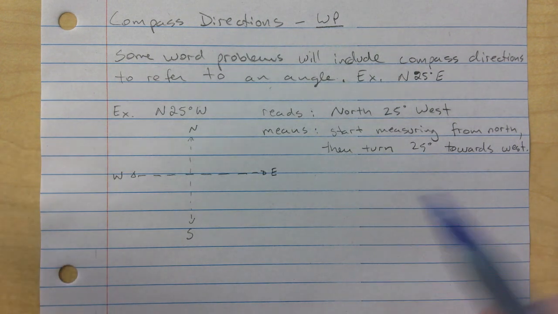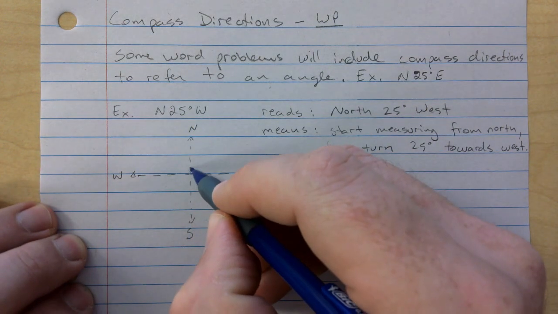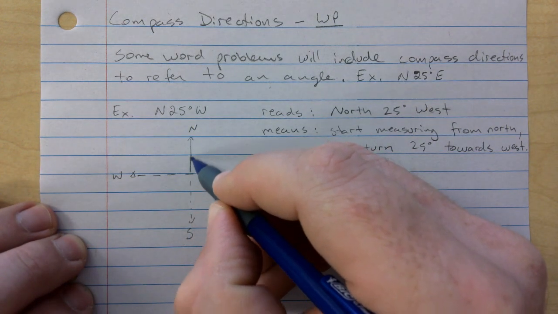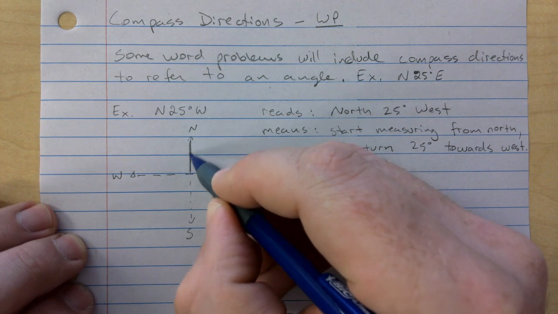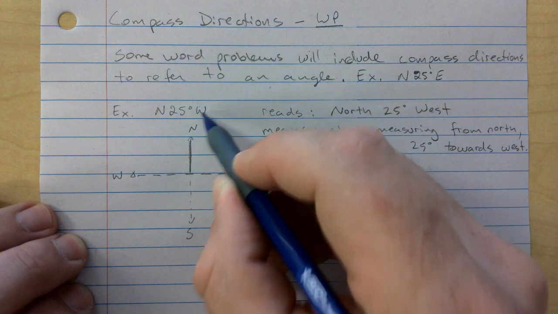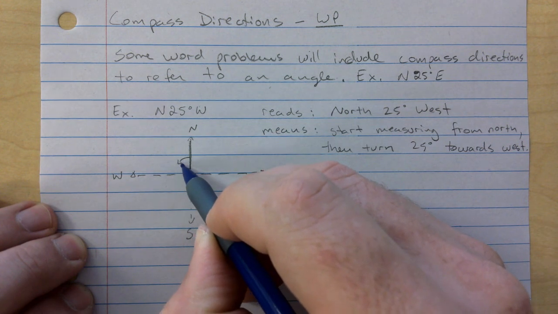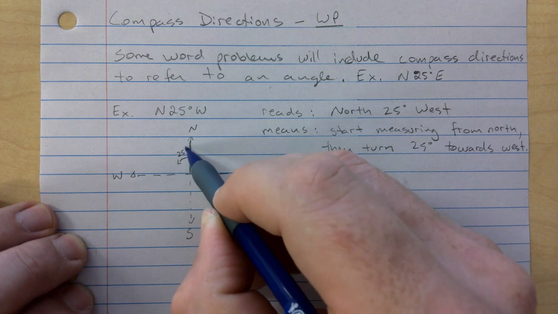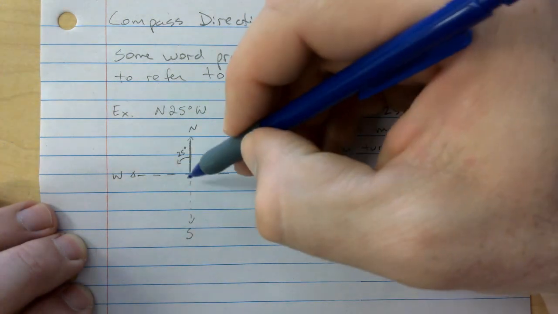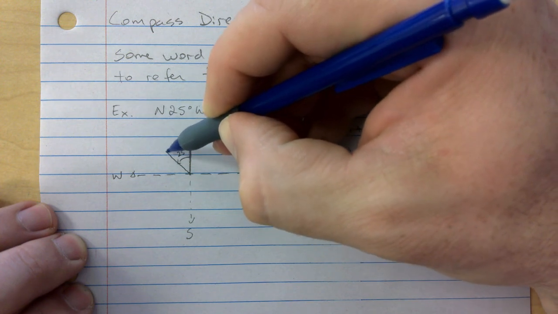So if you wanted to graph this particular angle, you start north. Okay, that's one leg. And then you move 25 degrees to the west, right? So from there you turn away like that, and that's 25 degrees. And then you actually draw your path from the origin like that.